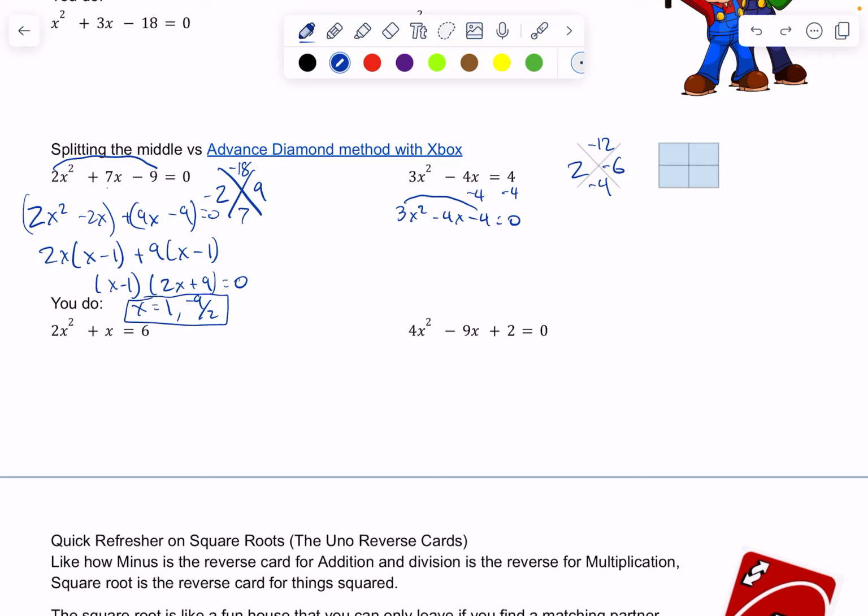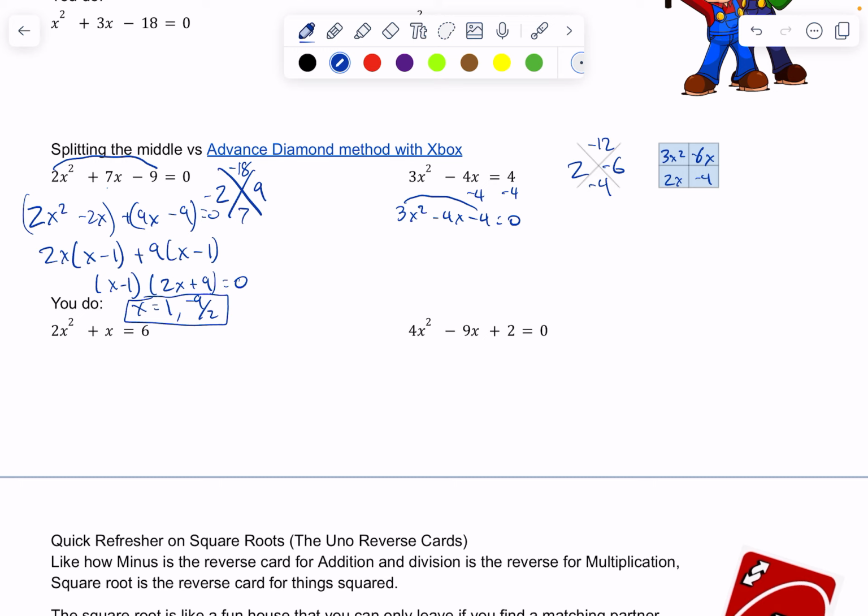On the inside of your Xbox, you're going to put your first term. Your first term goes in this spot. Your last term goes into this box. So first box is 3x squared. Last box is negative 4. In between, you can put the 2 that you had just found in the split, your 2x and your negative 6x.